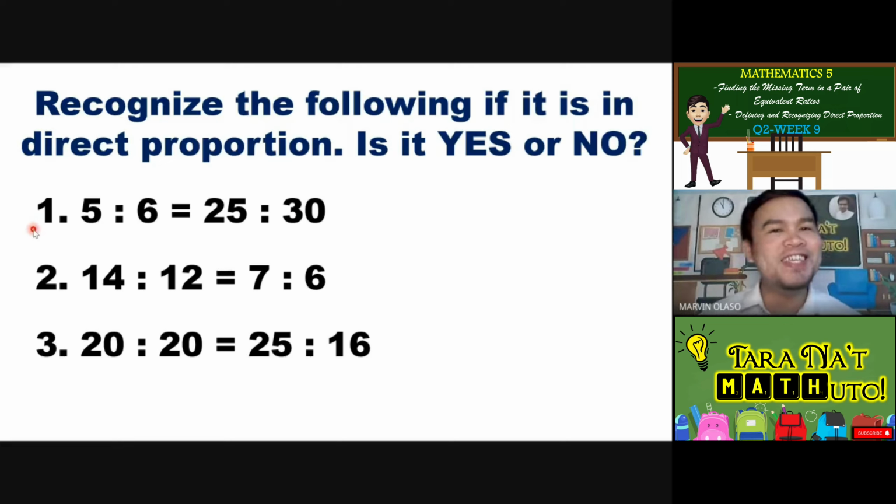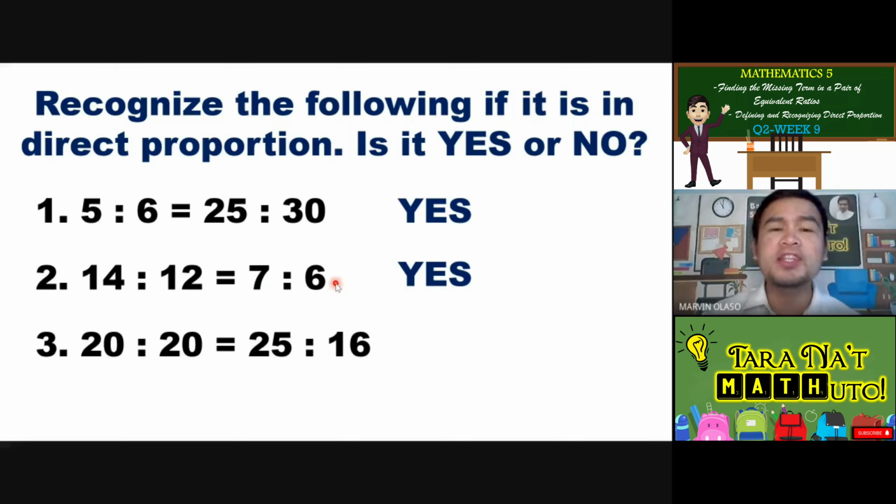Number 1, is it direct proportion? Yes or no? The answer is yes. All right, so we have 5 becomes 25. 6 becomes 30. So, they are in direct proportion. Na-multiply natin by 5 pareho. What about number 2? Is it yes or no? The answer? Yes. Okay, we have 14, nag-decrease siya, naging 7. We have 12, nag-decrease din siya by 6.